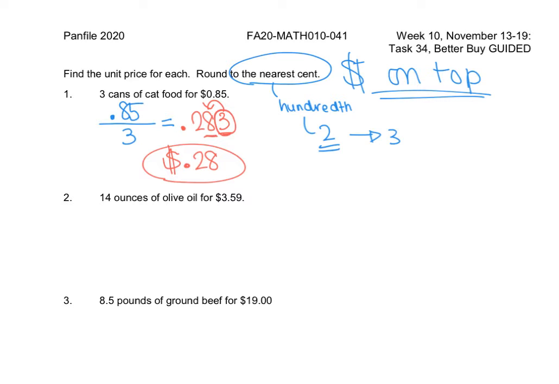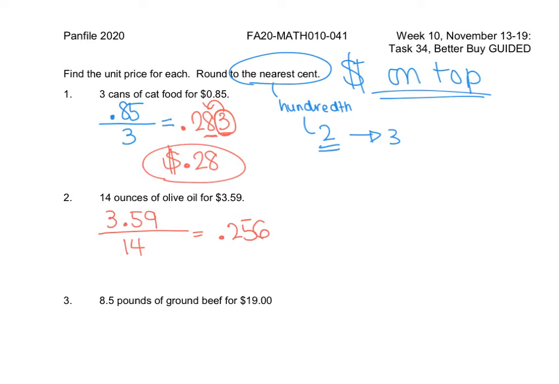Okay, so olive oil, I get 14 ounces of olive oil for $3.59. I put my money on top. I divide it by 14. I get 0.256.